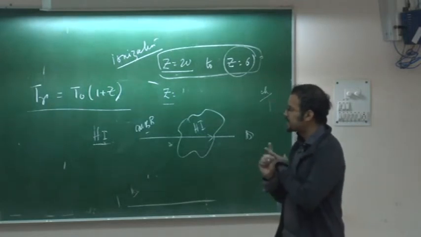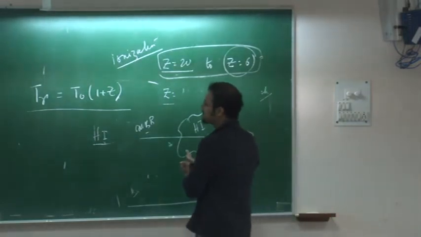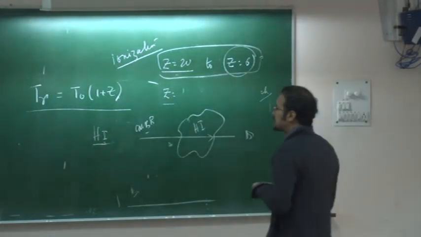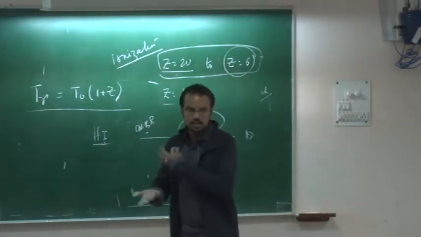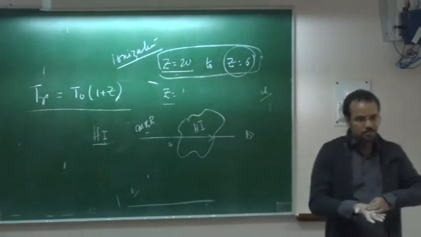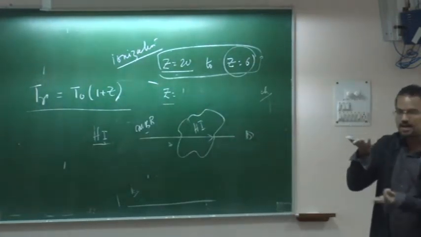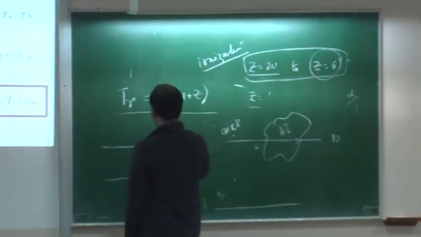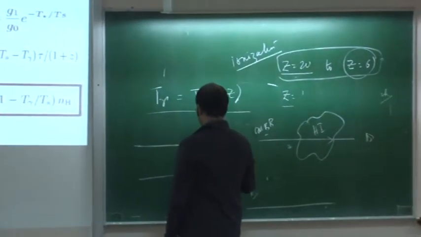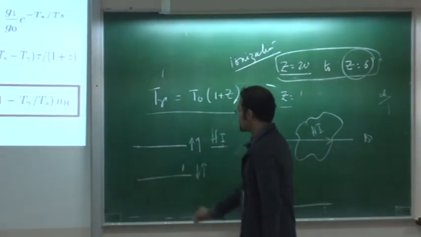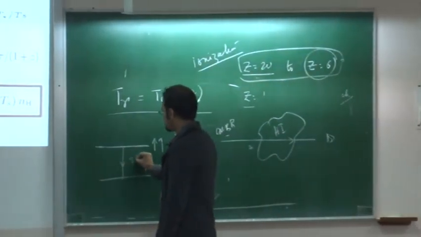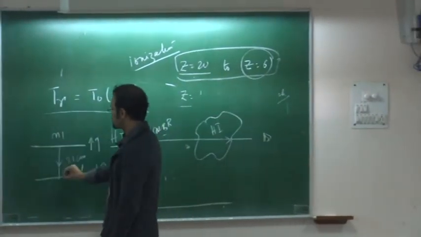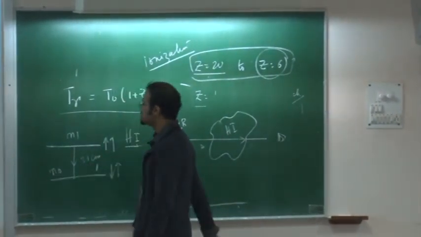The transition I'm talking about is 21 centimeters, and let's say there are n1 H1 atoms in the higher of these two states, where the spins are anti-parallel, and n0 atoms in the lower state.